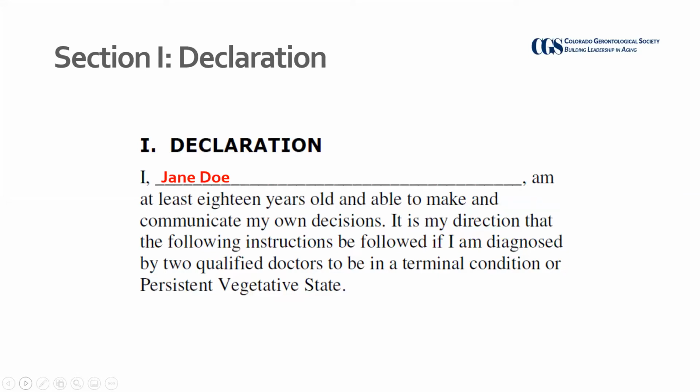So we are no longer under the protection and guardianship of our parents. So this is why it's 18 years of age. And it's also saying I can communicate and make my own decisions. So I have that decisional capacity. So that's the first thing we have to do. Who are we? We're confirming that we're 18 years old and that we have that decisional capacity.